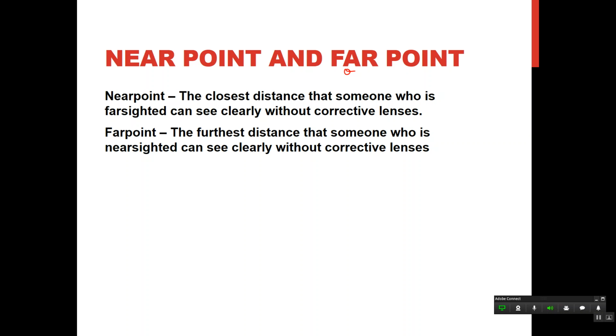He can see this beautifully, and I bring it closer and closer and closer. Now his visual impairment kicks in. I call this the near point. That distance from where it becomes comfortable to read to uncomfortable to read, that point is the near point. Okay?